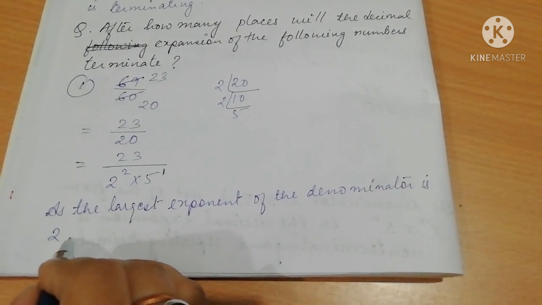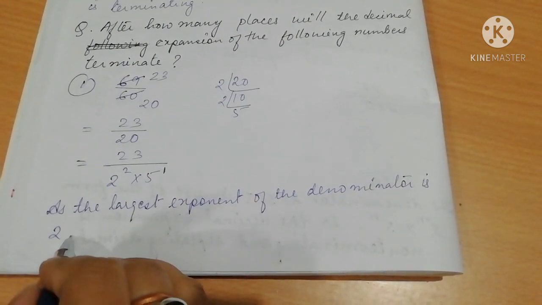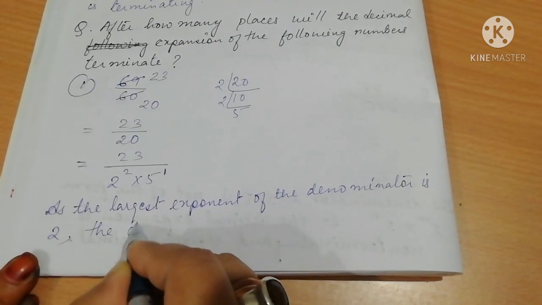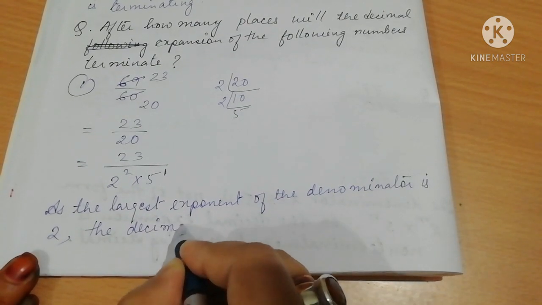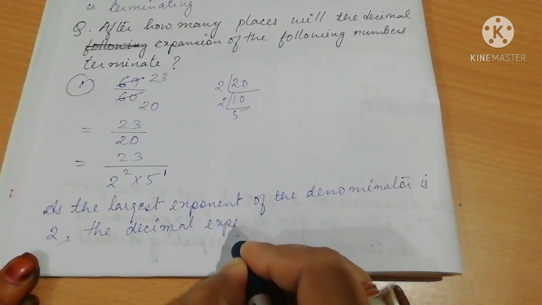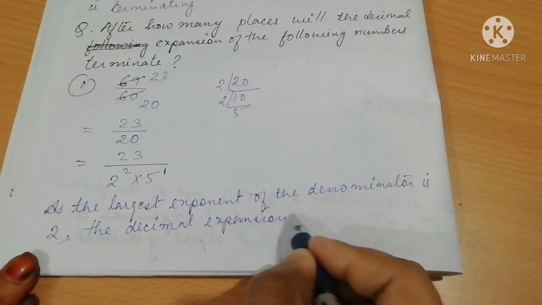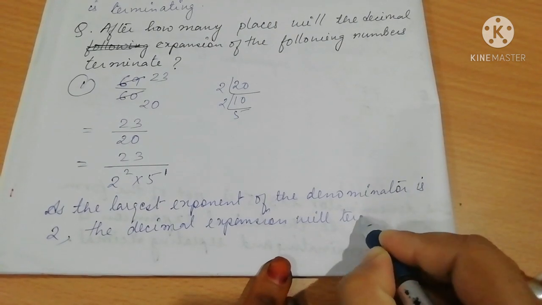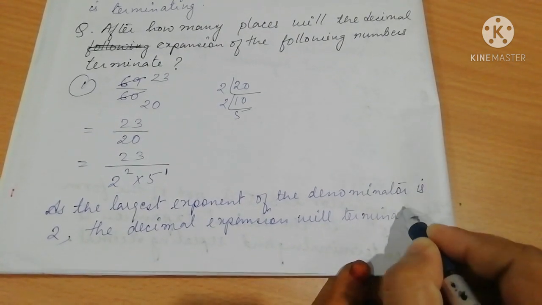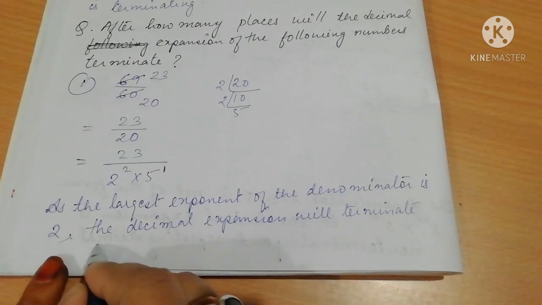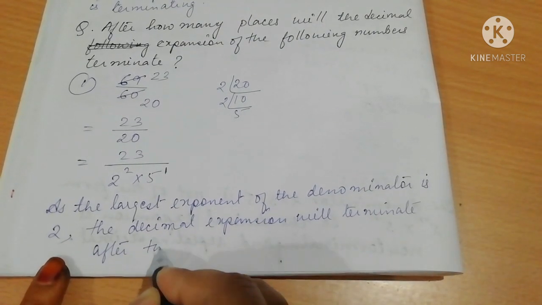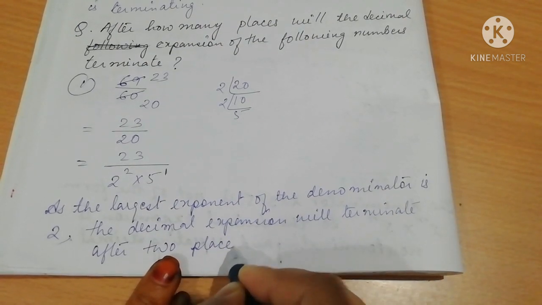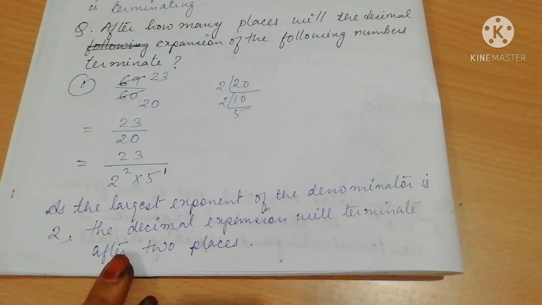As the largest exponent of the denominator is 2, the decimal expansion will terminate after 2 places, after 2 decimal places.